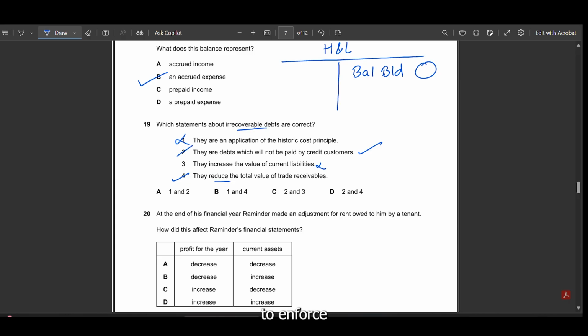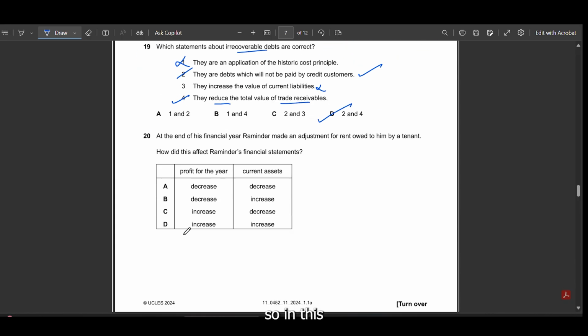So 2 and 4 is the right answer. So that is why D would be the right option in this case. As I said, they are the people who are not able to pay the money, due to any reason. So that's the reason the total trade receivables would be decreased. So 2 and 4 would be the right answer in this case.